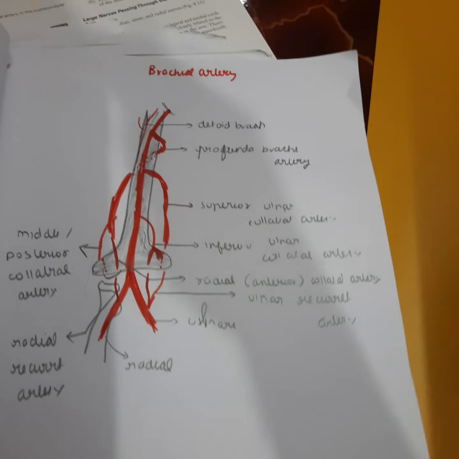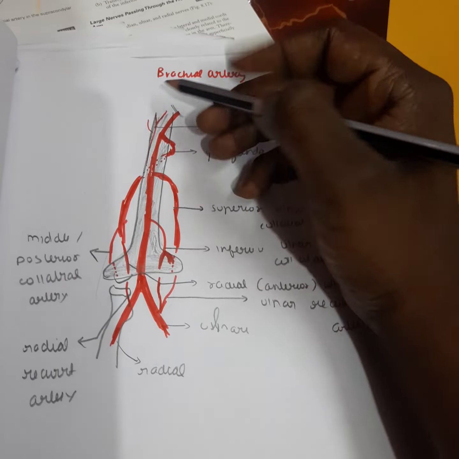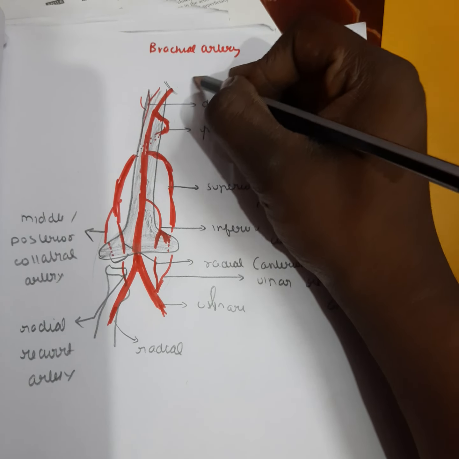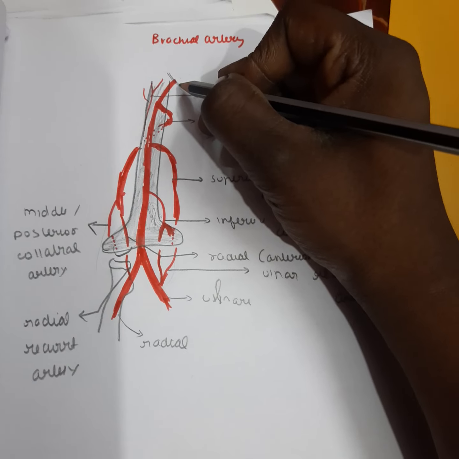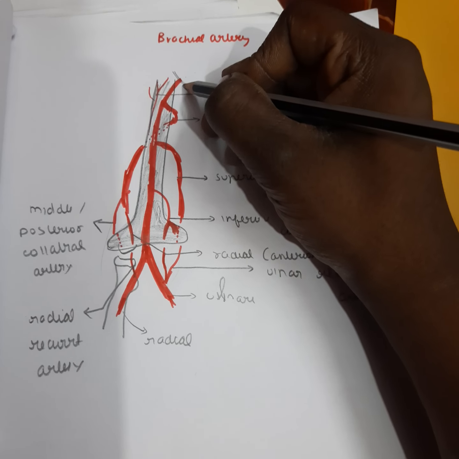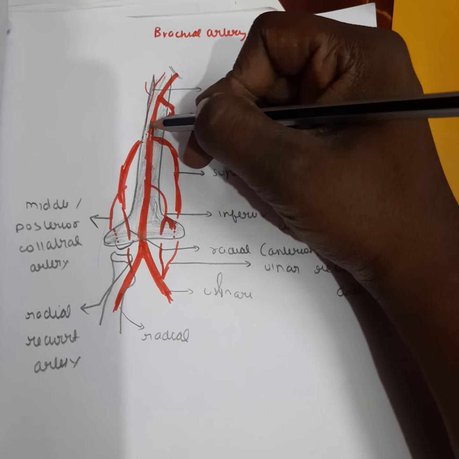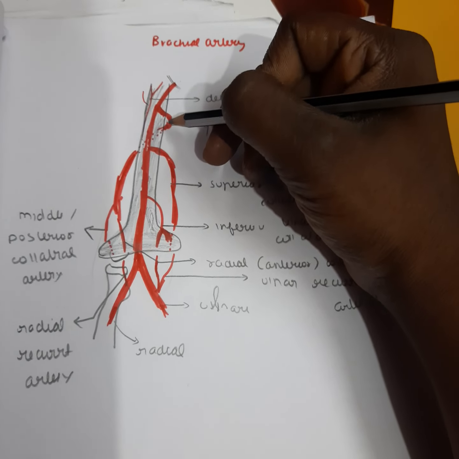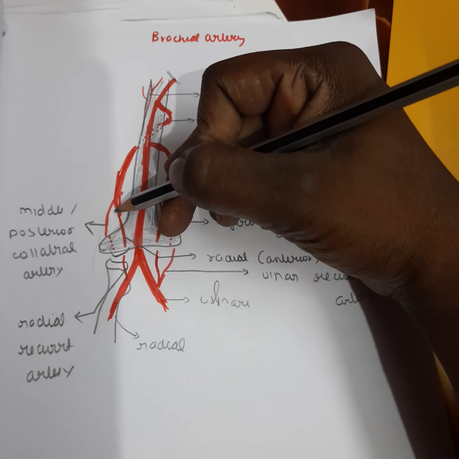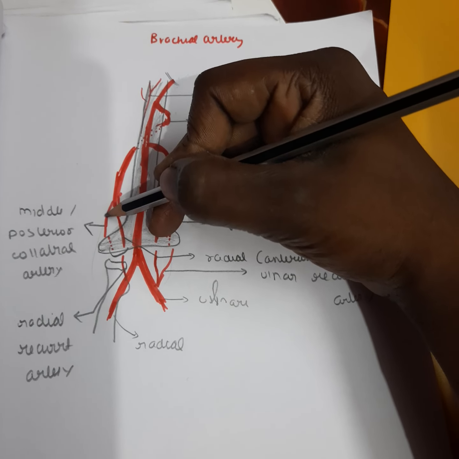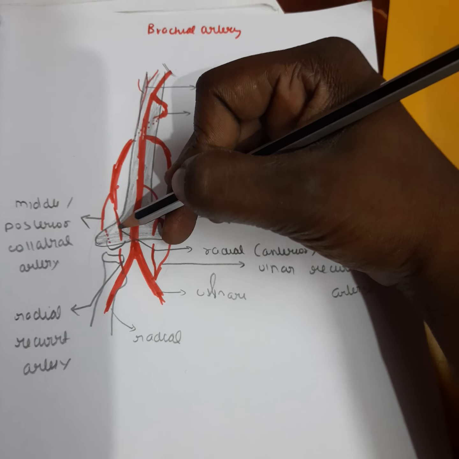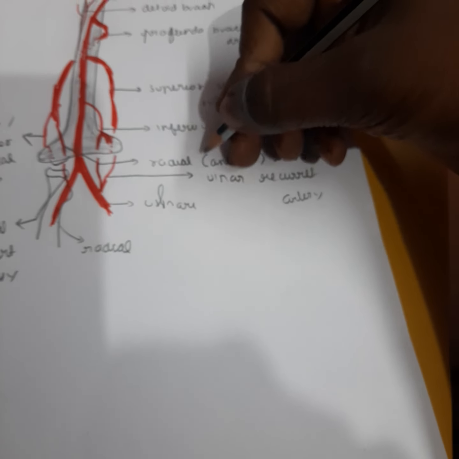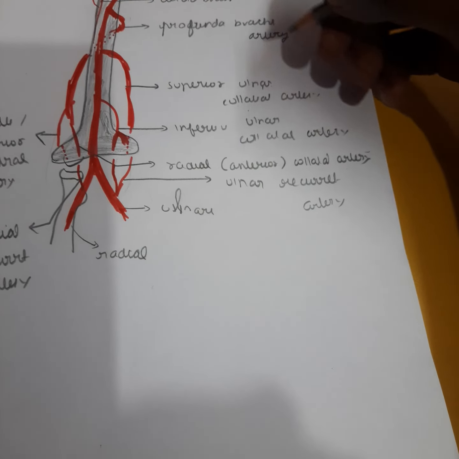You should get a clear view, right? So let's revise it once again. This is the brachial artery, a continuation of the axillary artery after the lower part of the teres major. It gives its branch, the profunda brachii artery, which along the spiral groove of the humerus goes around the humerus and again comes anterior, giving two branches: the middle or posterior collateral artery and the radial or anterior collateral artery.